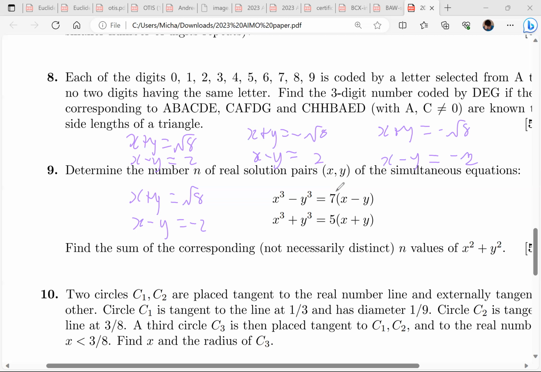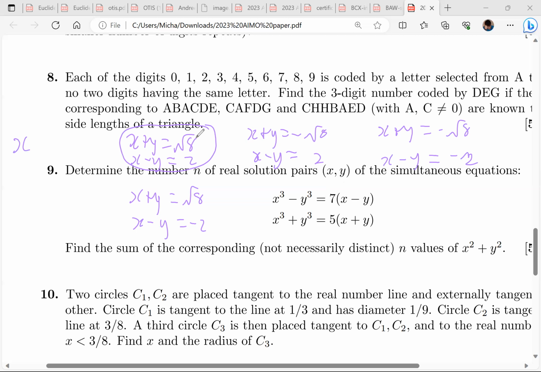Okay, Lucas is here. Okay, yeah, so I'm just cleaning up this thing. So I guess one way you can proceed is you can literally solve these equations, yeah? So for example, this one, if you add them up, you get 2x equals 2 plus root 8, and root 8 is 2 root 2.